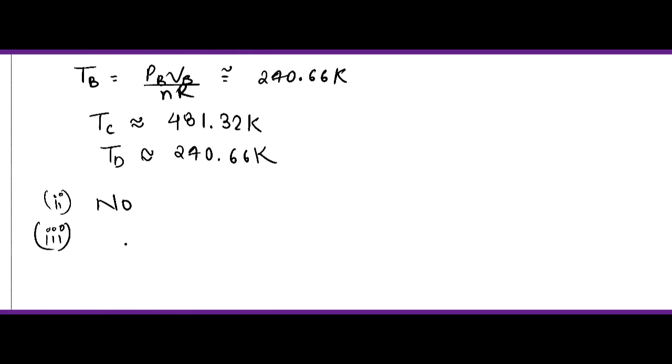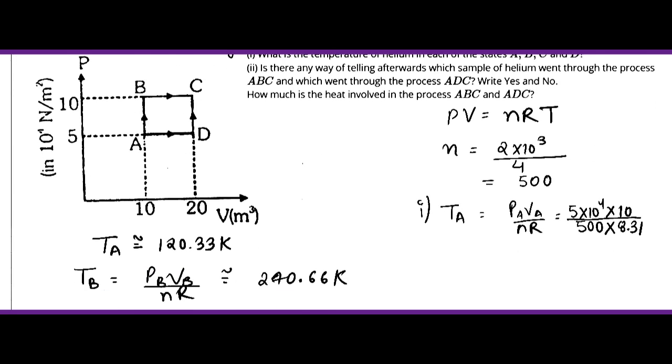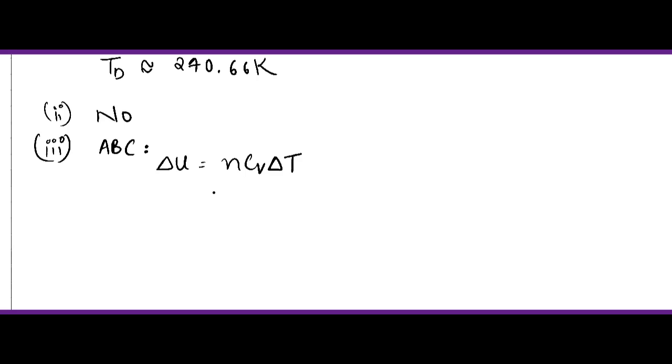So since in process ABC, what we can say is that delta U would be equal to nCV delta T. Since we are provided with monoatomic helium gas, CV would be 3 by 2 R. So the number of moles is 500 into 3 by 2 into 8.31 into delta T. So what would be delta T?